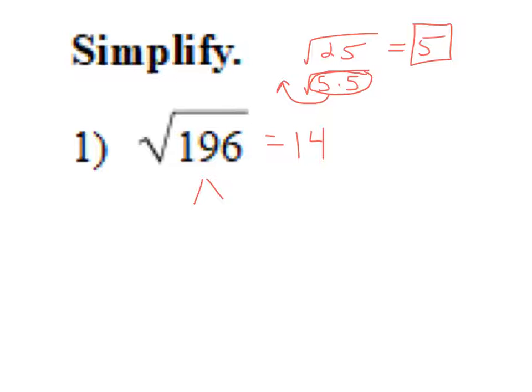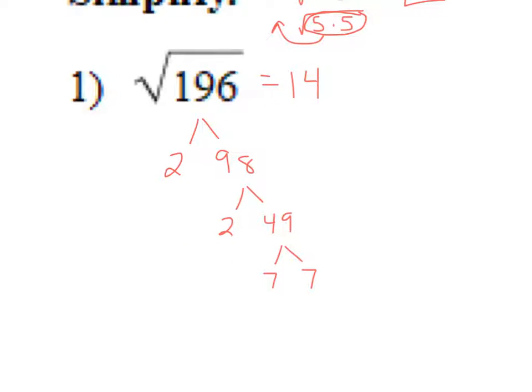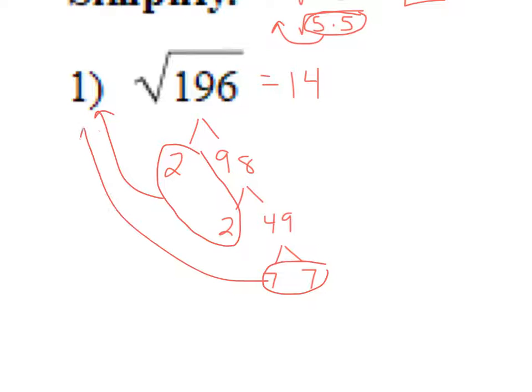So I'm going to divide by 2 and get 2 and 98. Then I'm going to do it again. Since I know 2 goes into it because it's even, I'm going to do 2 and 49. Now 49 will break down to 7 and 7. Okay, so now I'm looking to pair up and move out. So I pair up my 2s and I pair up my 7s and I move them to the outside.